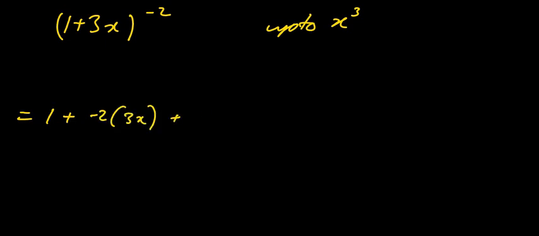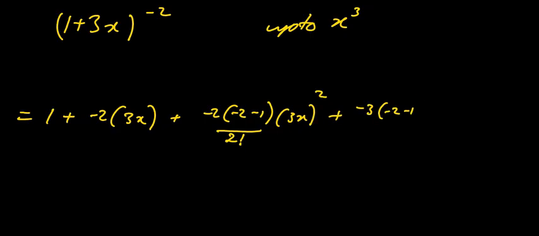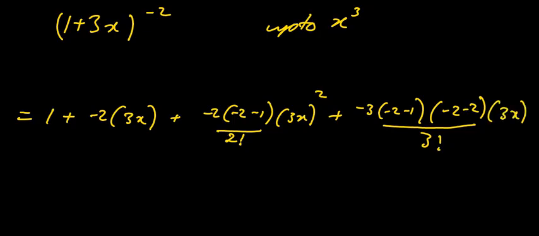Then you have plus negative 2 times negative 2 minus 1 over 2 factorial, times 3x squared, plus negative 2, negative 3, negative 4 over 3 factorial, times 3x to the power 3. So this is basically what we have whenever we're trying to expand this.